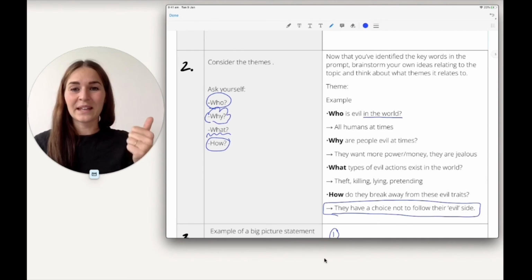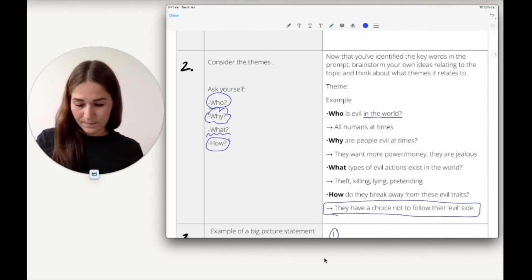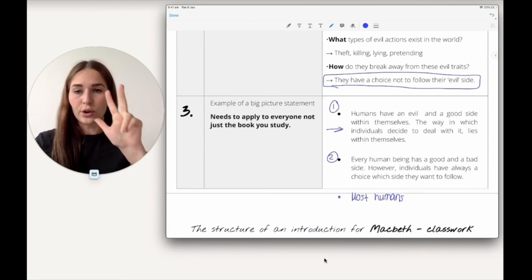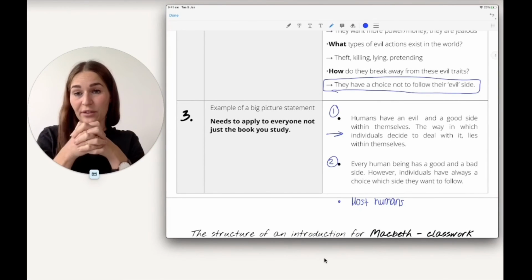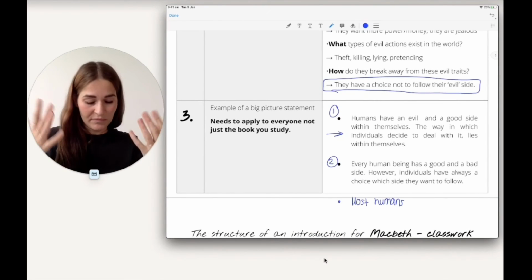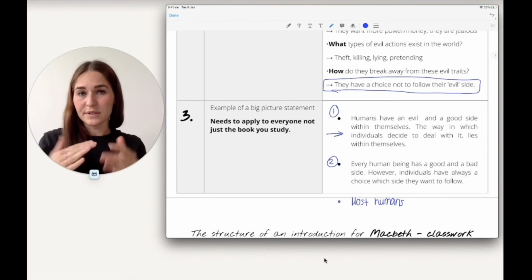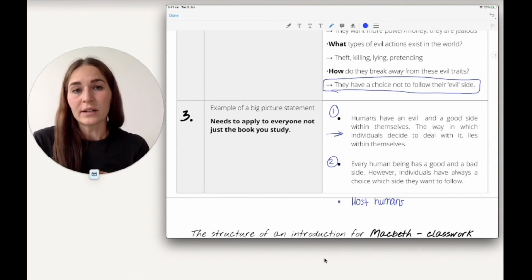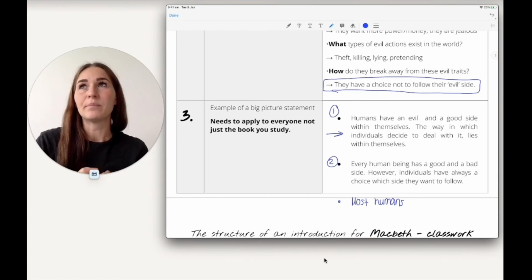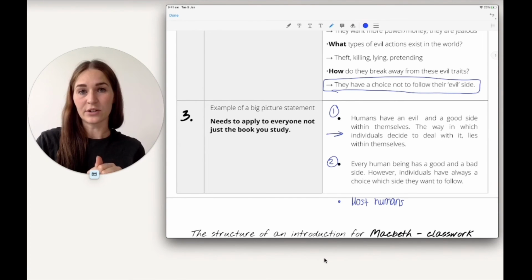Okay, so that's your second task. And then the third one is where you put it all together, okay, which will then be one of those examples. Now, if you struggle to write a big picture statement, you can use sentence starters, okay?